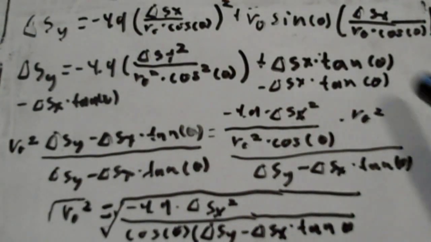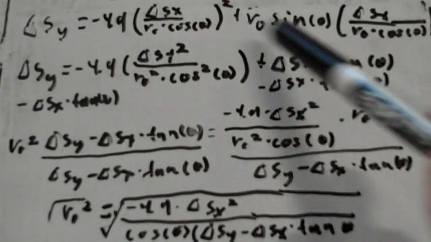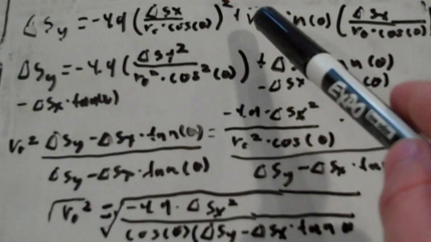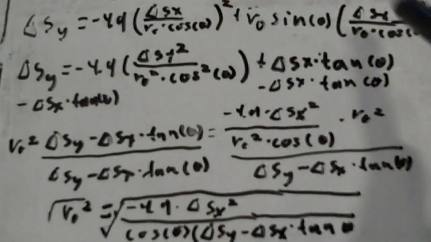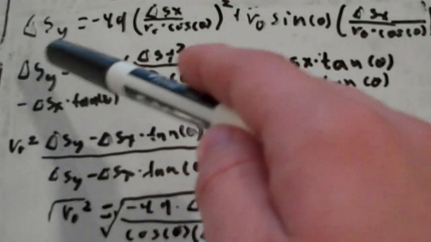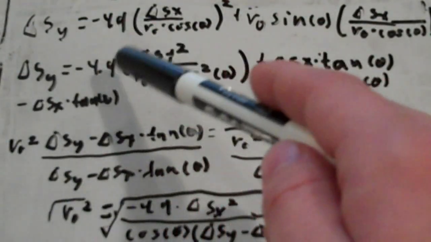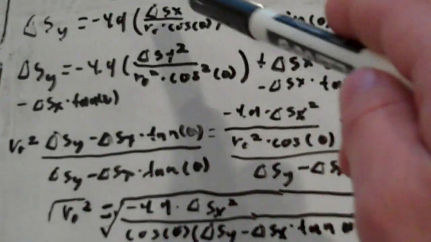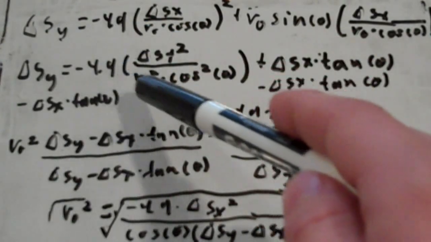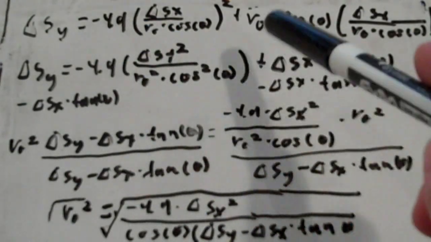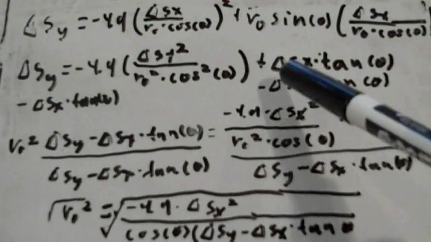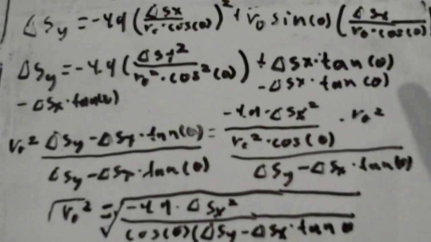Now, from there, we can simplify this. So, this part will stay the same, but we will now have, since these initial velocities cancel, and sine theta over cosine theta is tangent theta, the change in vertical position equals negative 4.9 times the horizontal position squared over the initial velocity squared times the cosine of theta squared, plus the horizontal position times the tangent of theta.